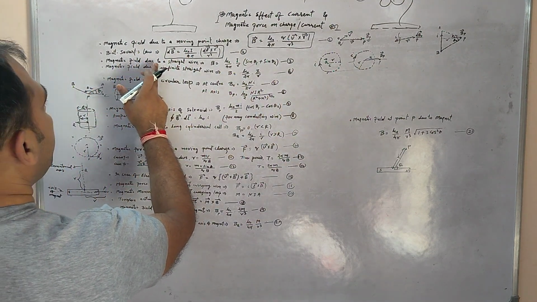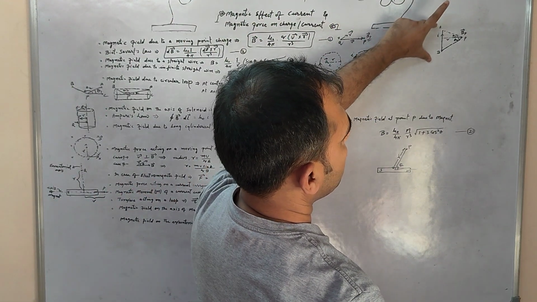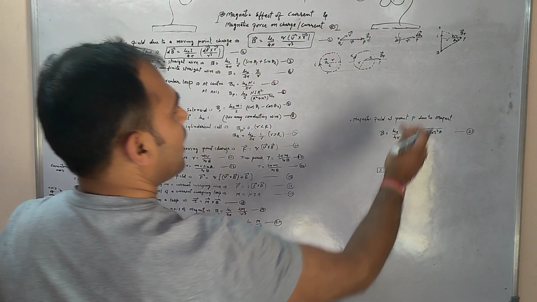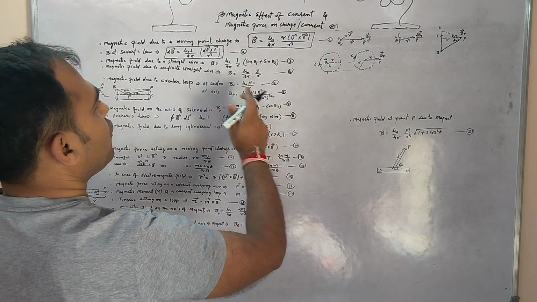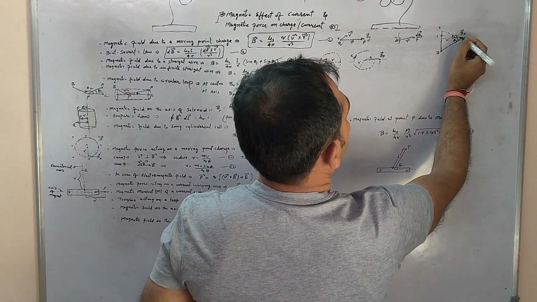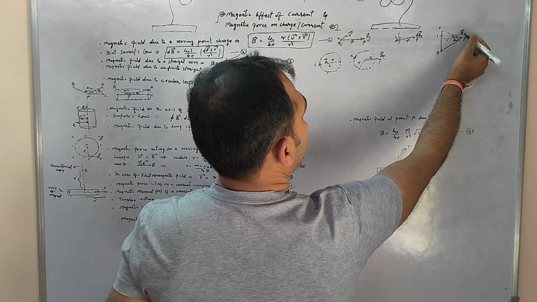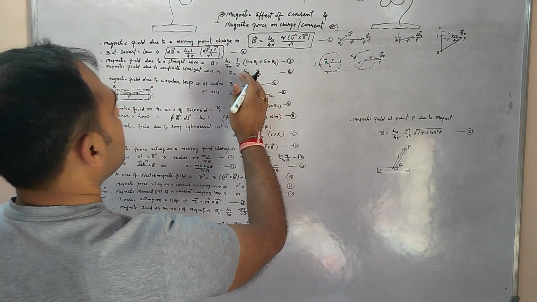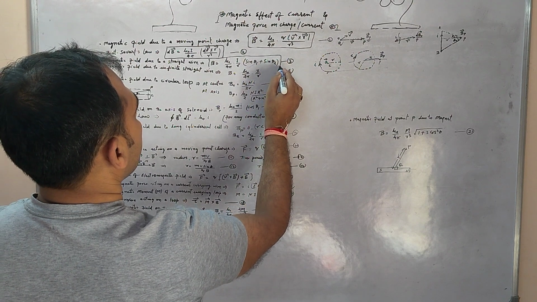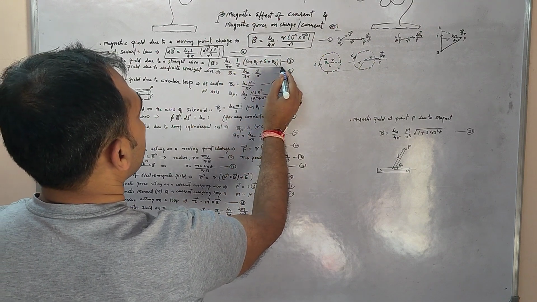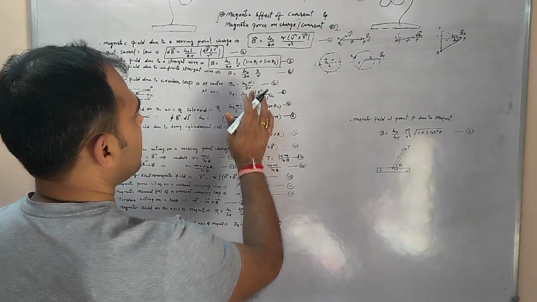Now we will apply this formula further. So magnetic field due to a straight wire. See, this is a straight wire AB, where I is current. So at any point P, the magnetic field Bp can be given by this formula, mu naught upon 4 pi I by r (sin theta 1 plus sin theta 2). What are theta 1 and theta 2?